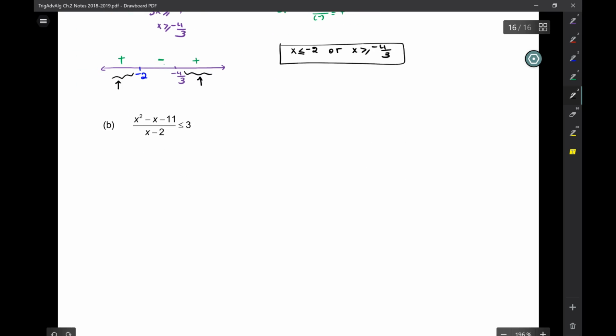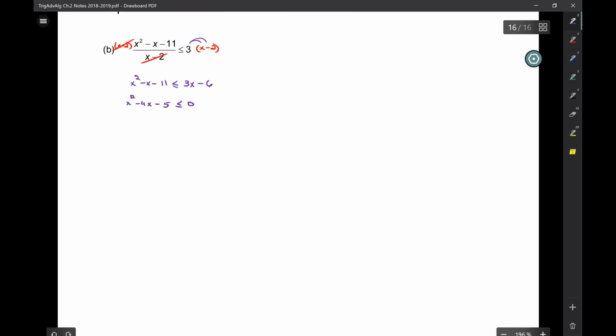Okay, lastly, here, we're going to multiply both sides by the LCD, x minus 2. And when the x minus 2's cancel from the numerator, I have x squared minus x minus 11 less than or equal to 3. And I'm going to distribute and get 3x minus 6. Move everything to the left side. We get x squared minus 4x minus 5 less than or equal to 0.